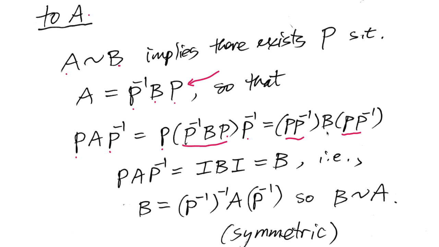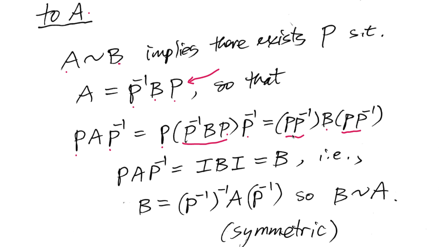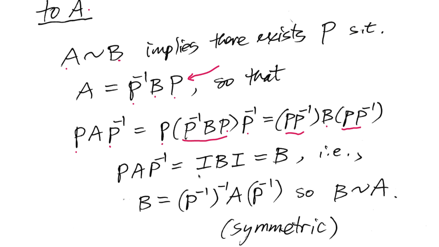And then I've got B sitting there in the middle. But wait a minute. What is P times P inverse in either order? Why, it's I. So we have P A P inverse is I B I, but we know that's going to be B, because I is the multiplicative identity.